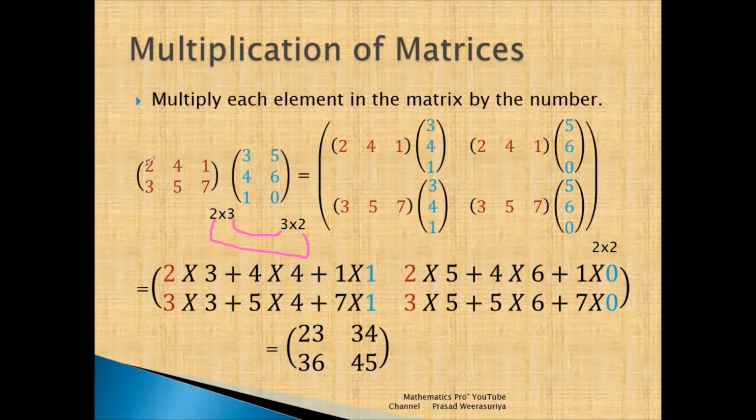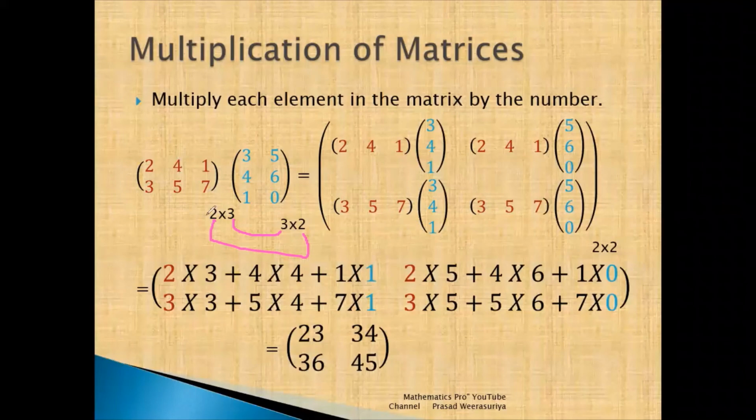Then, in the same way, the first row should be multiplied by the first column. Here it is. The first row should be multiplied by the second column. It is this way. The second row should be multiplied by the first column. Here.